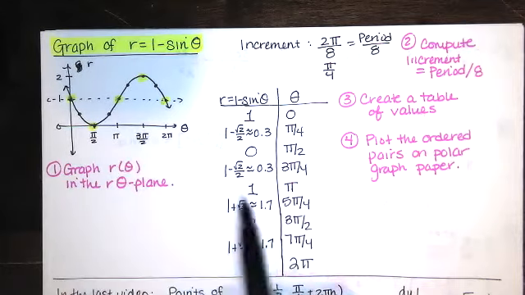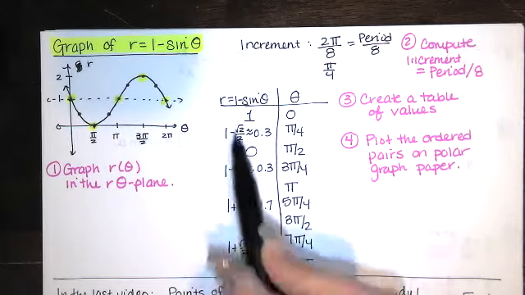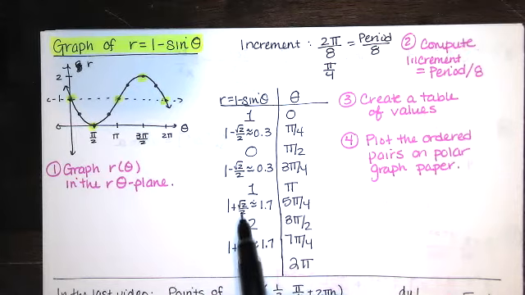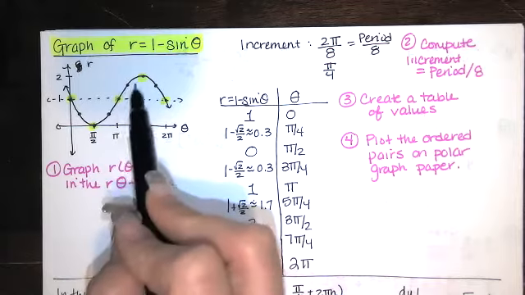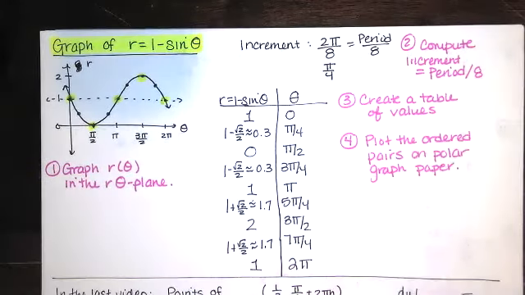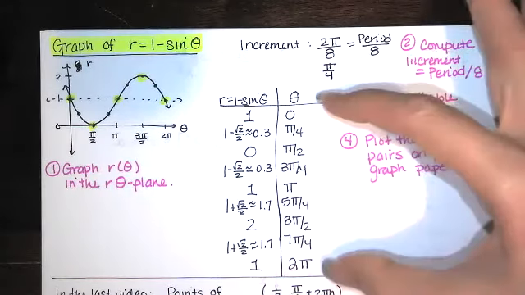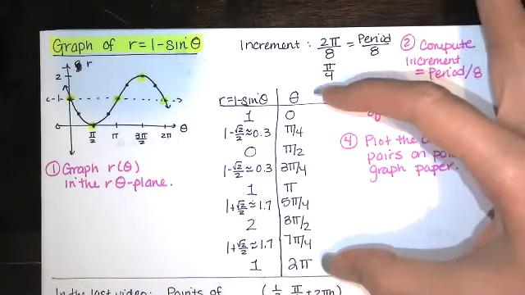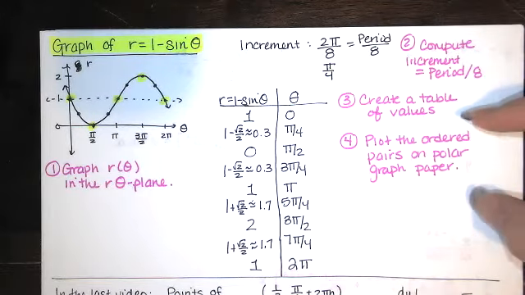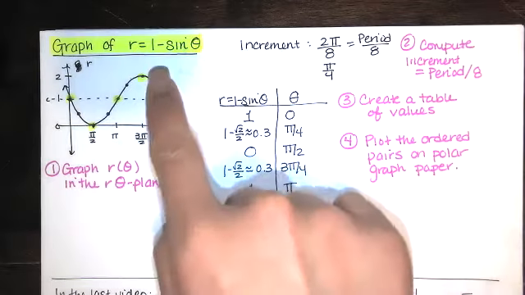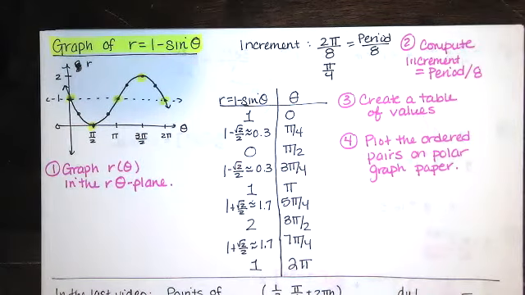Then over here, instead of subtracting square root of 2 over 2, I'm adding square root of 2 over 2. And so I get this value, and that one's the same. So I fill in the table pretty quickly, and now I've got this table. And that will allow me to graph this equation on the polar plotting paper.